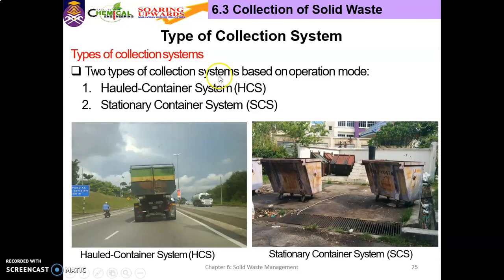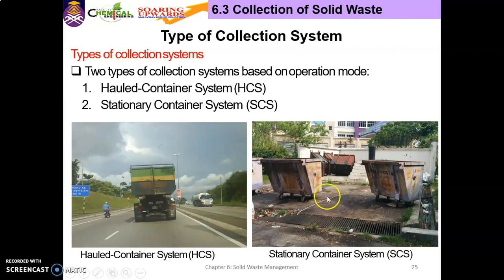The type of collection system can be divided into two types based on operation mode. The first one is HCS, Hauled Container System, and SCS, Stationary Container System.